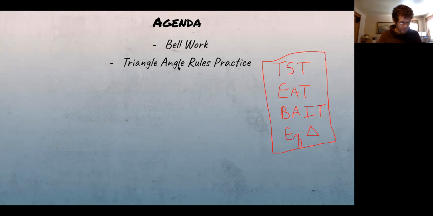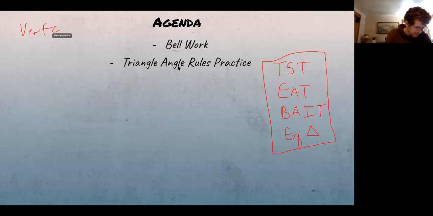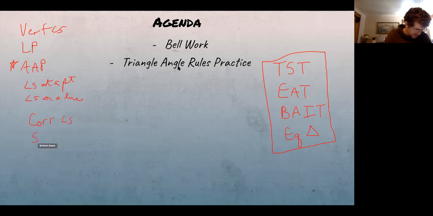If I just wrote them all out real quick, we have vertical angles, linear pairs, angle addition postulate, which I'll put a star next to because we don't really use it that much, angles at a point, angles on a line, and then corresponding angles, same side interior, same side exterior, alternate interior, and alternate exterior angles.